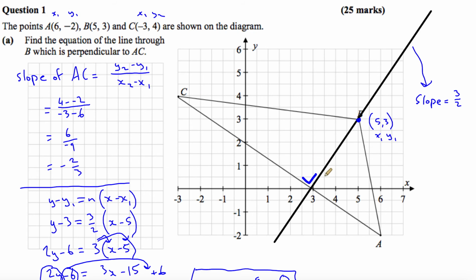Okay, so we have one altitude drawn here. So from a vertex of the triangle, if you draw a perpendicular, that's the altitude, that's the height of that triangle, with AC as the base.